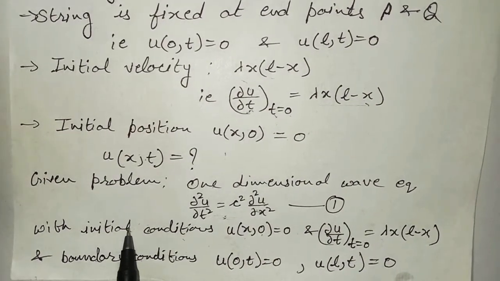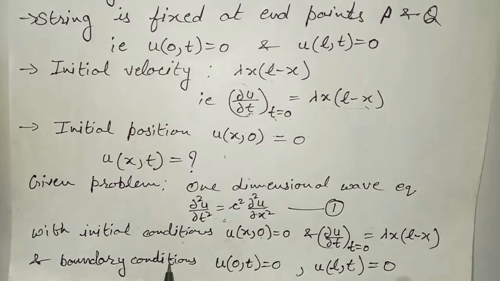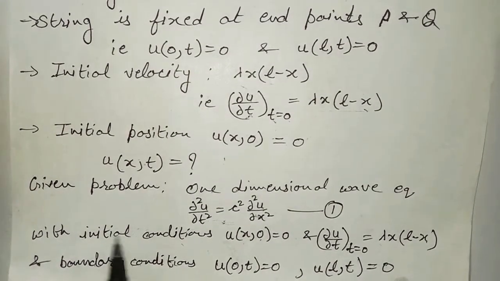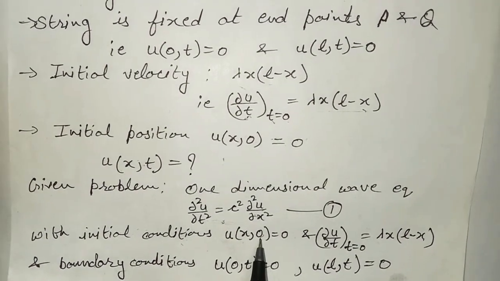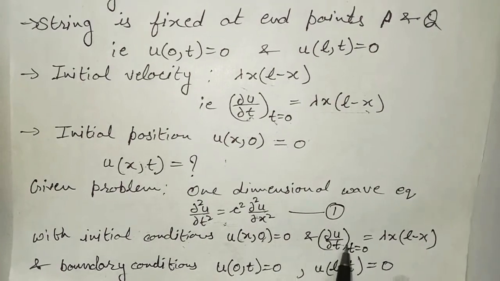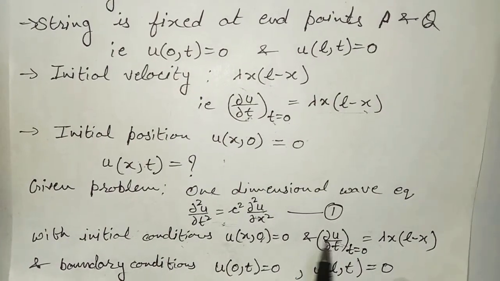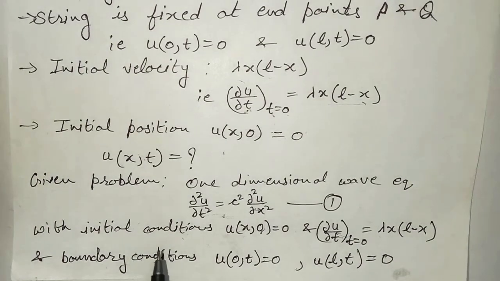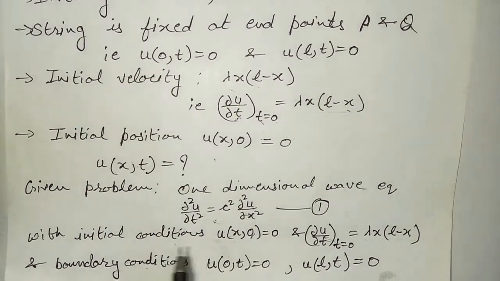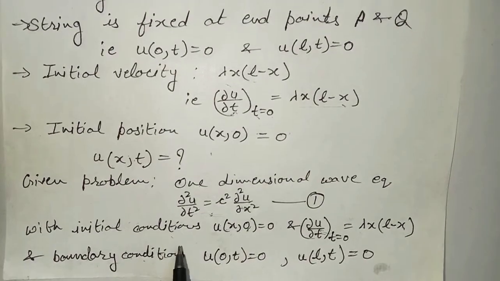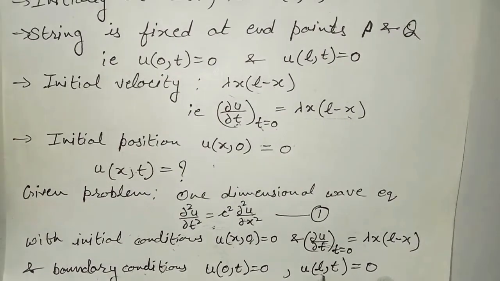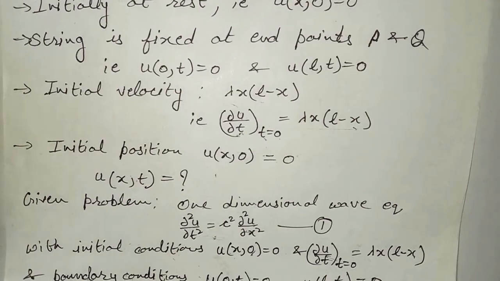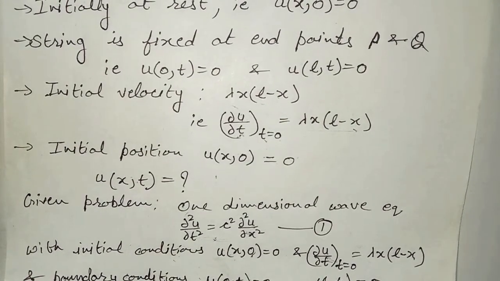Initial means when t is equal to 0, and boundary conditions means at end points, or you can say at the boundaries. So initial conditions means when t is 0, so we have two conditions when time is 0, and the boundary condition means at the boundary. For the string, the boundary is x is equal to 0 and x is equal to L. So these are the two boundary conditions. So this is the mathematical formulation of the given word problem.